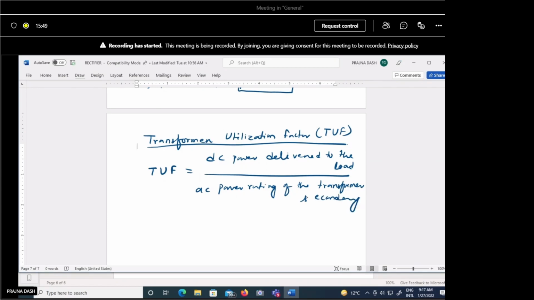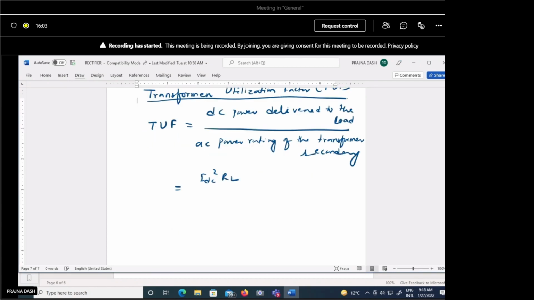The DC power delivered to the load is obviously IDC square into RL, where the load resistance is RL and IDC is whatever we have calculated. And what will be the AC power rating of the transformer?